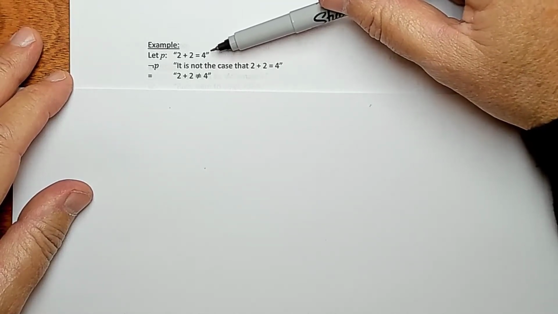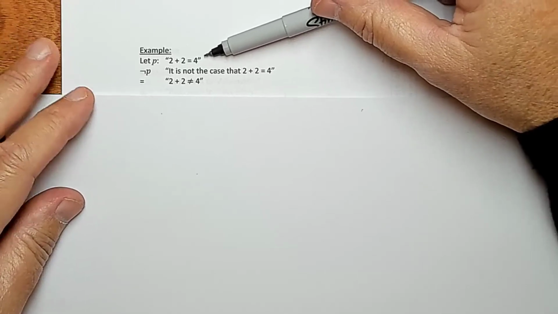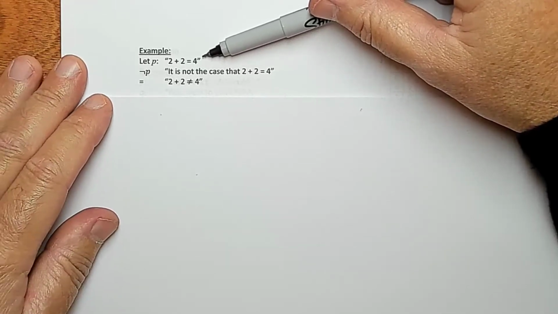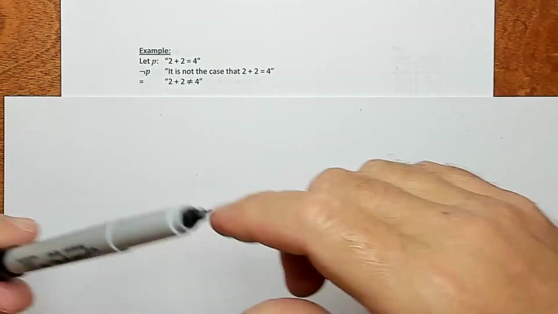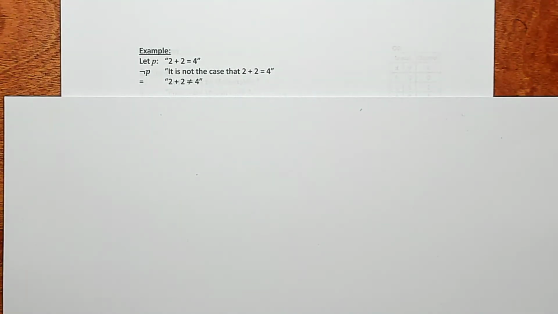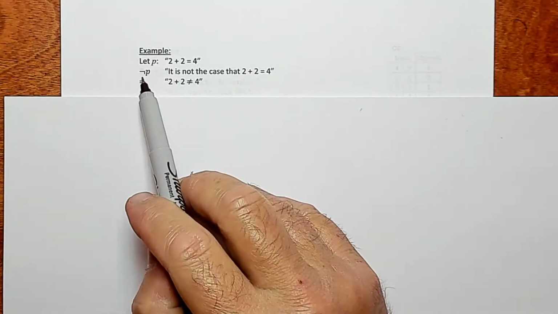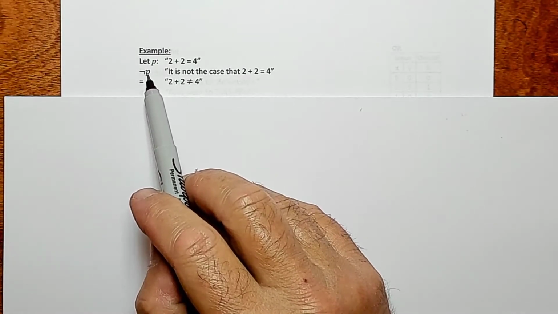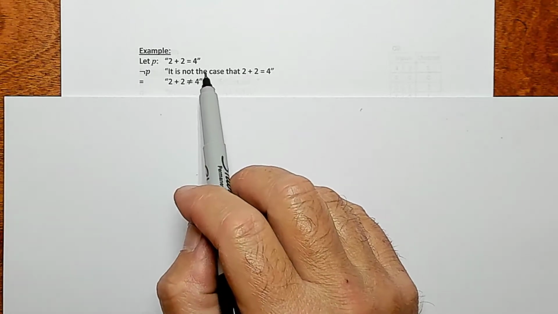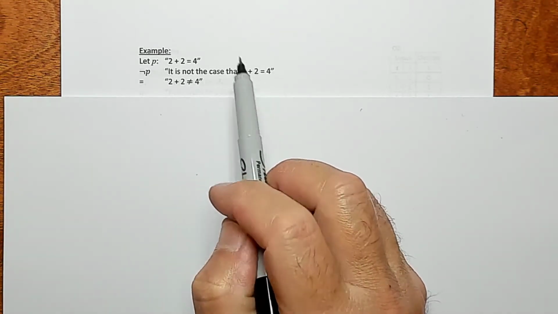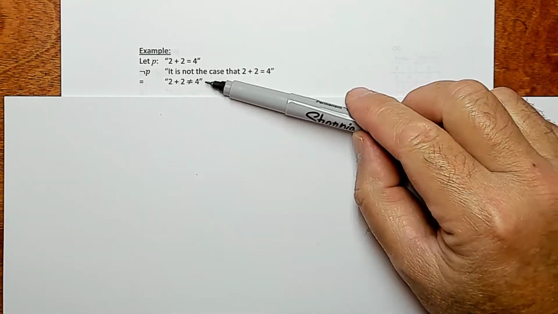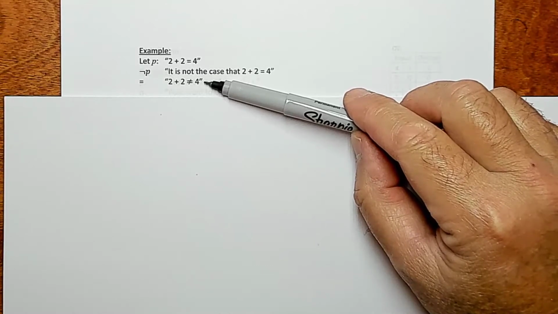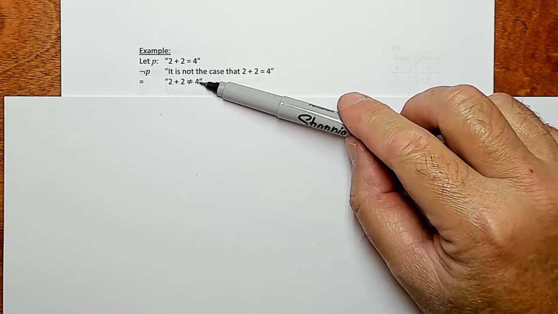Most people would agree, especially math teachers. So we can write the negation of P as this not P thing using this negation symbol. We could read that as not P. That would result in the statement it is not the case that 2 plus 2 equals 4, which you could write in mathematics using this symbol here: 2 plus 2 is not equal to 4.